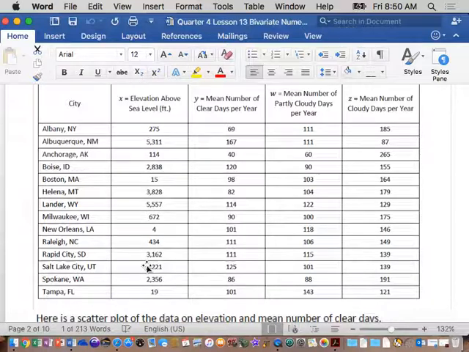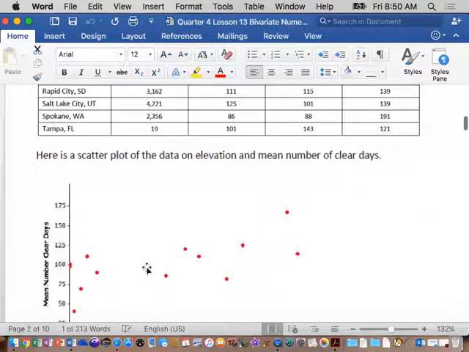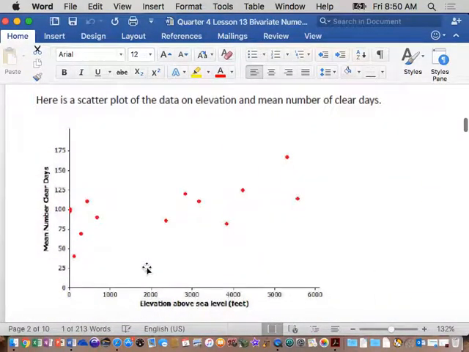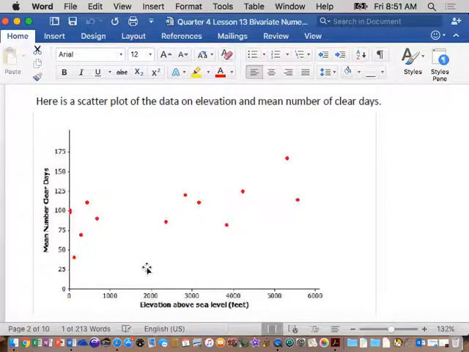Okay. Now, there's a scatter plot of the data of the elevation and the mean number of clear days. So there's my scatter plot. Now, you did do scatter plots last year. All a scatter plot is the combining of a particular number of days with a particular elevation.